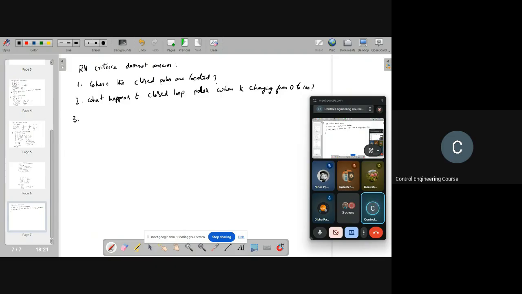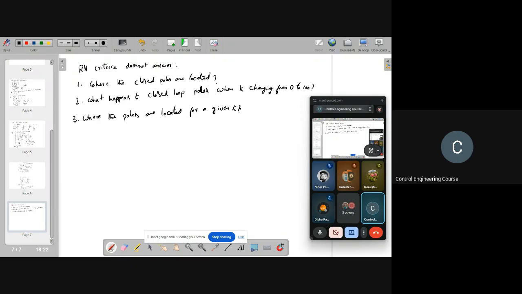For a given k, what are the poles of the closed loop system? That also it won't tell, right? That means where the poles are located for a given k. So these are the questions it won't answer.